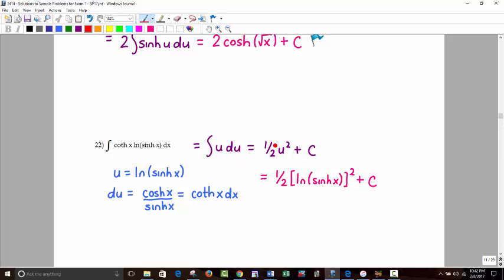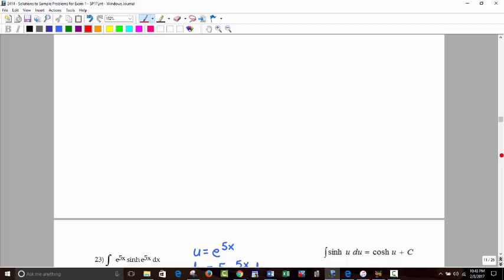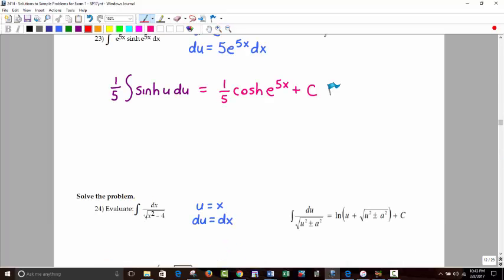Just do the power rule: 1/2 u squared. So it's 1/2 times, with parentheses around all of that, the natural log of sinh of x, all that squared, plus c. It's amazing sometimes how problems that look like they could really be bad don't turn out being that bad, as long as you choose the correct u and everything.